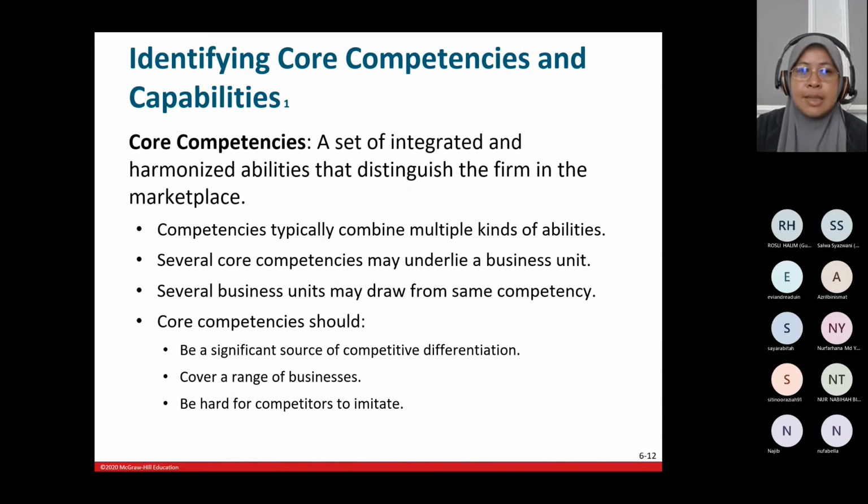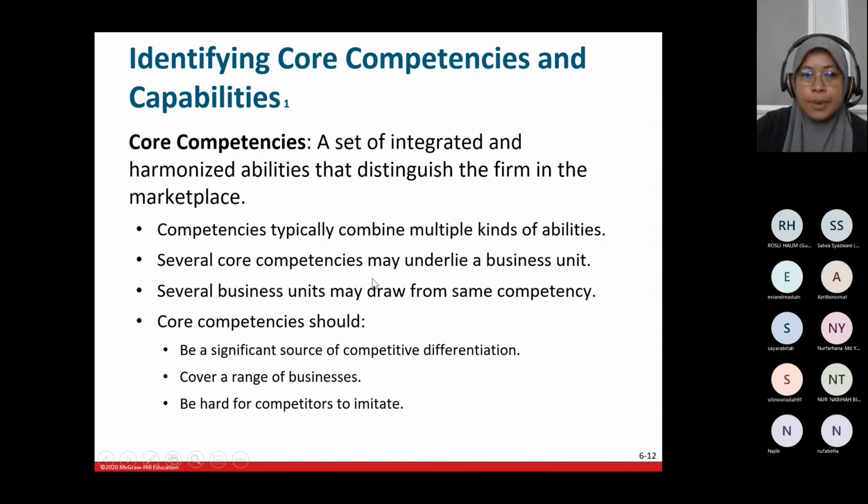Competency typically combines multiple kinds of ability. If we look at Apple, design is there, advanced technology is there, and compatibility is also there. Those are the combination of various abilities available for the product.